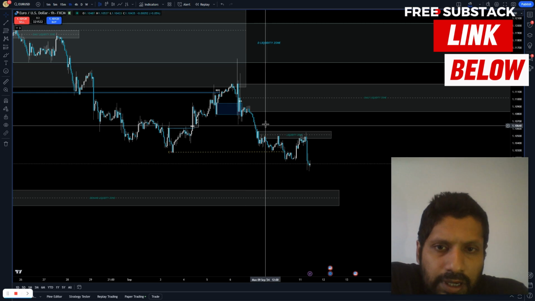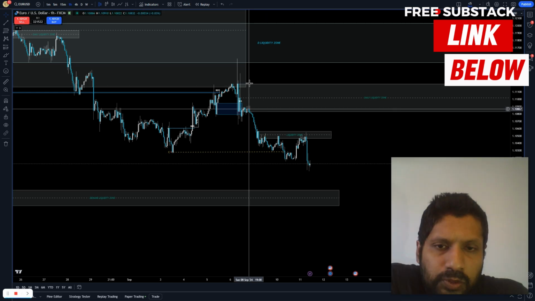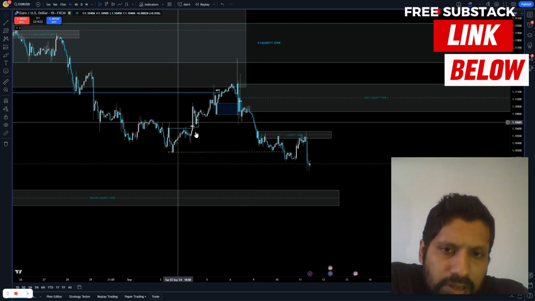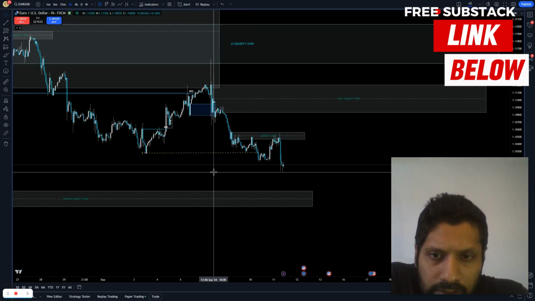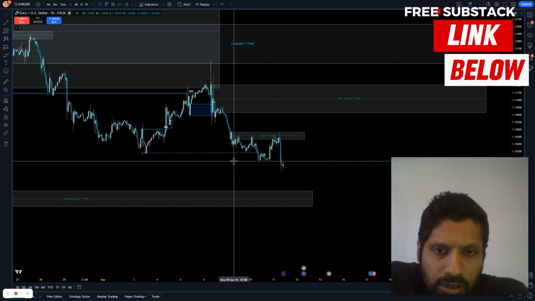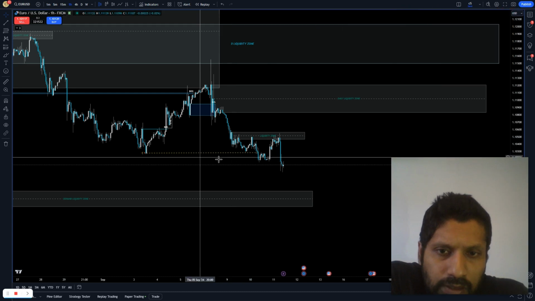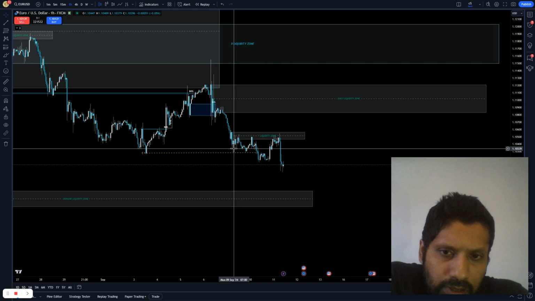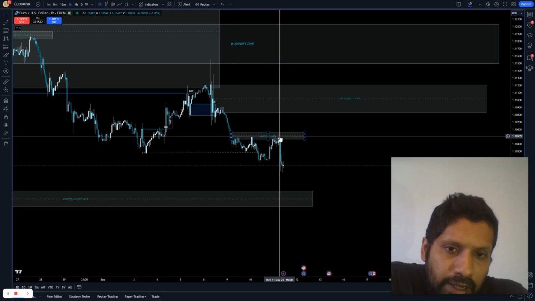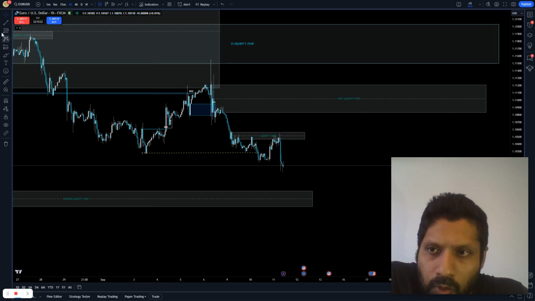Once it's heading downwards, you see that it has tapped this daily liquidity zone as well. So this is an efficient zone as well. Now we're in the 1 hour, right? So what does it do? It again broke this lower structure, and then it went on and tapped this liquidity zone. So what did it do now?